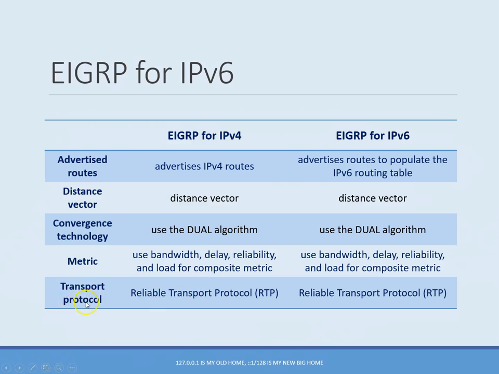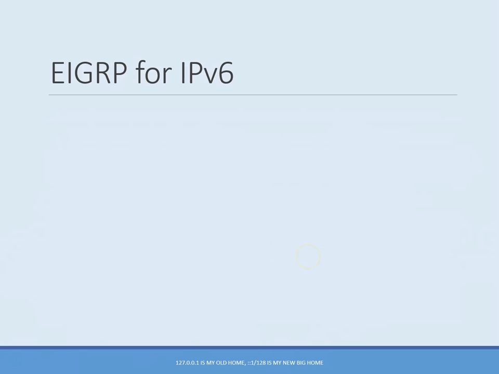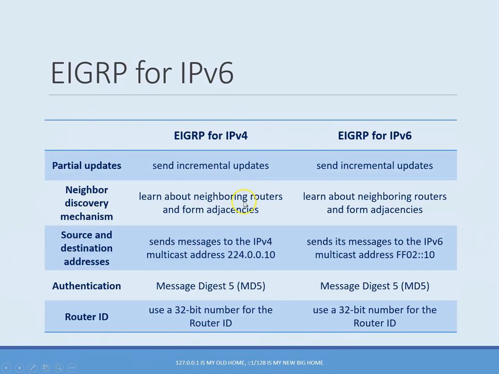In terms of transport protocol, both of them use RTP, which is responsible for guaranteed and ordered delivery of EIGRP packets to all neighbors for both protocols. So as you see, there is no big difference between them so far.